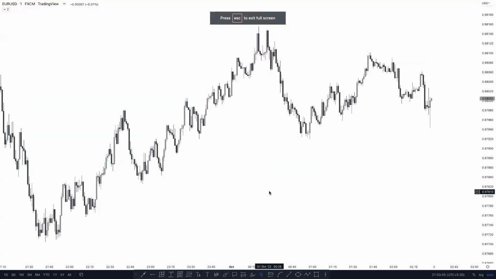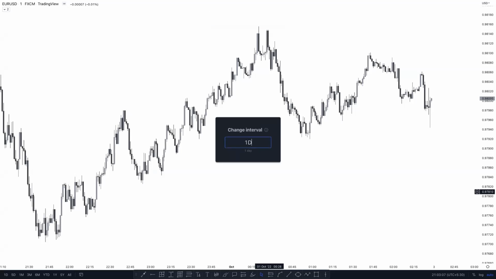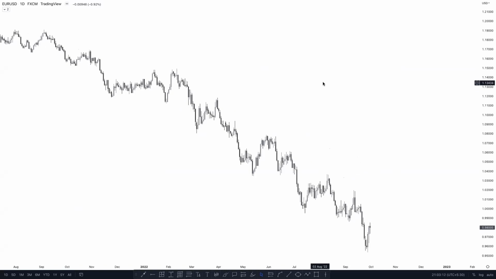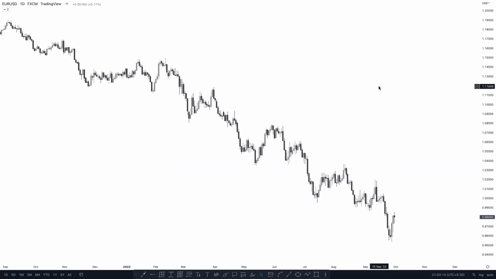Okay, let's look at the higher time frame picture first in a daily time frame. So in a daily time frame picture, you can see market momentum is bearish and market continues falling into downside. So I want to ask you here, mark the correct lower high and lower low and break of structure.